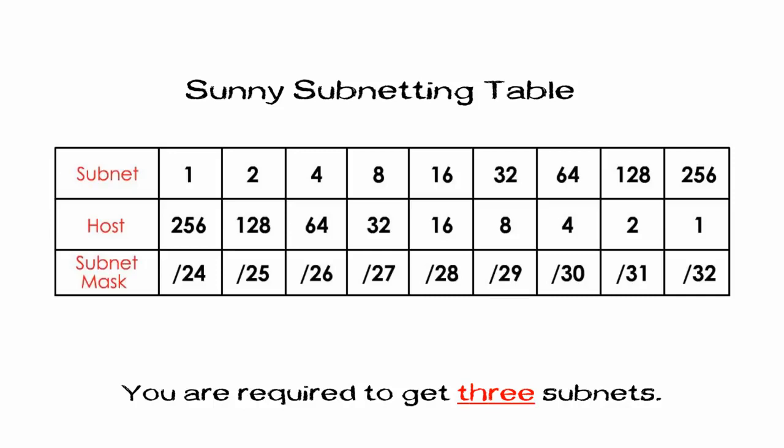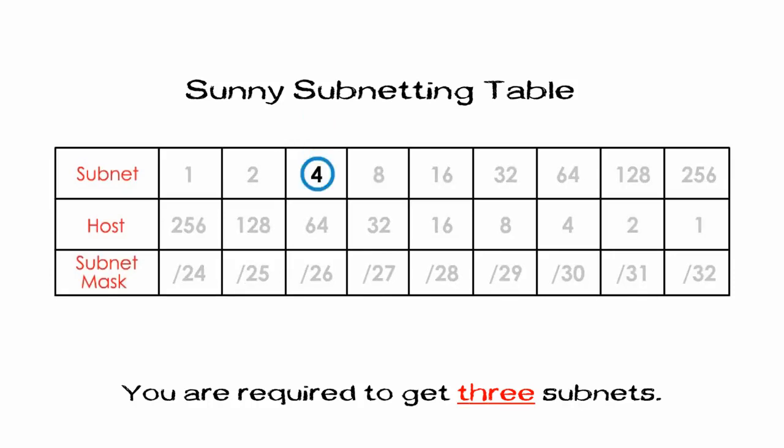Now look at the Sunny Table and try to find the 3 subnets in the first, or top, row. Of course, there's no exact 3 subnets, but 4 subnets are suitable because we can get 4 subnets and choose any 3 subnets for Sunny Cafe.